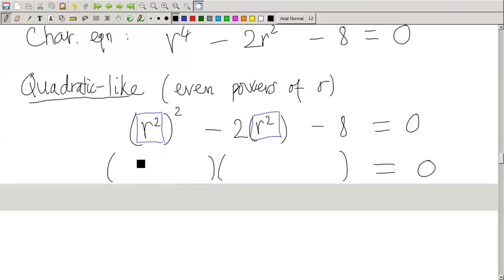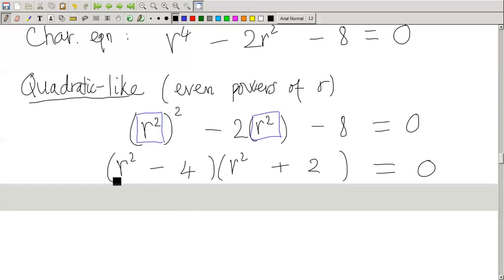But when we factor, instead of r like before, like a quadratic equation, we will have r squared and then r squared here. And we need to look for 2 numbers that we should put here to match the equation. So I think this will be minus 4 and plus 2.